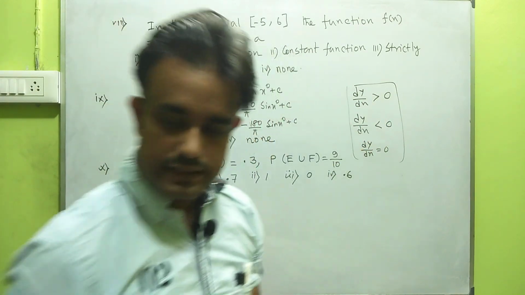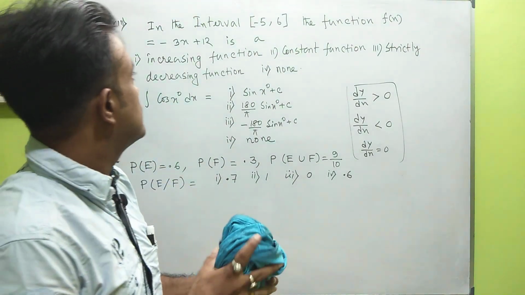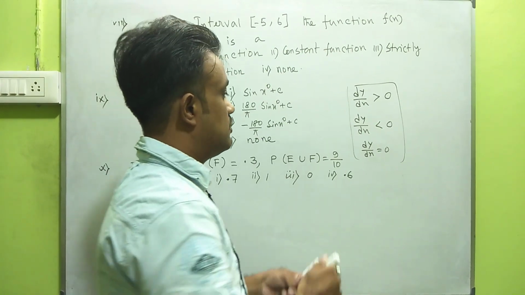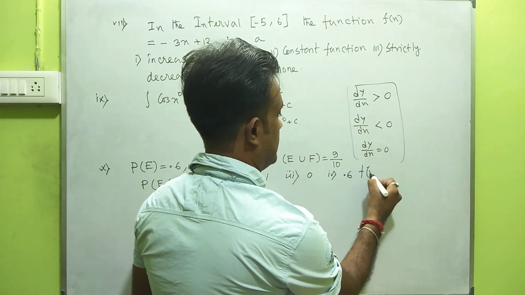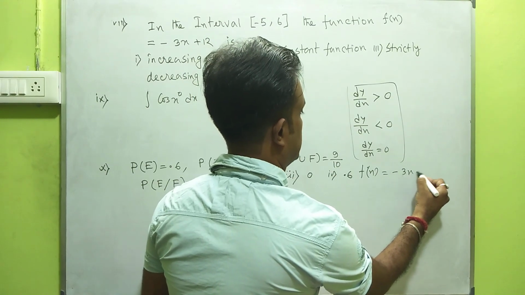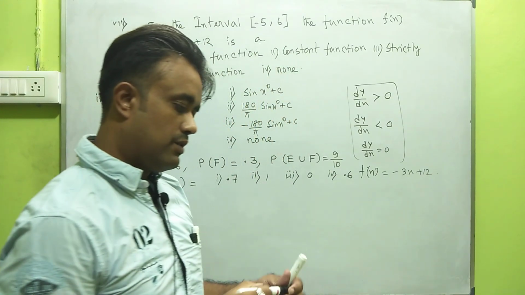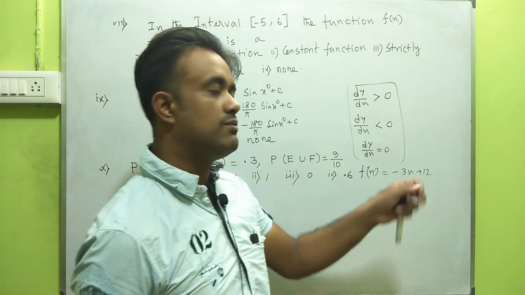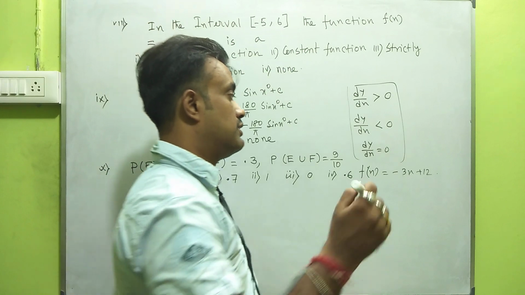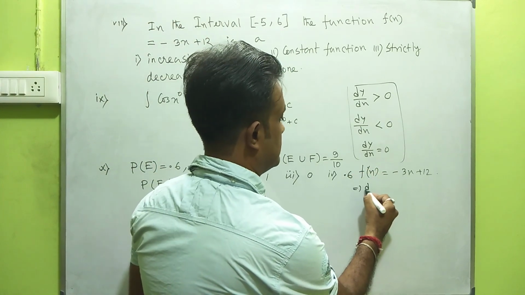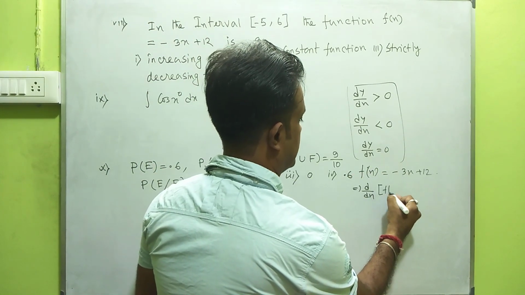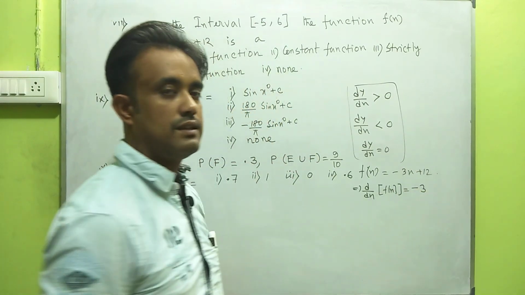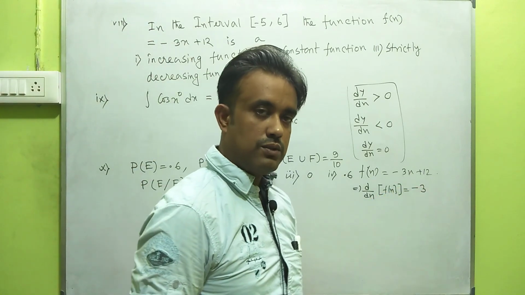Okay. So first it is given that f(x) is equal to minus 3x plus 12. So we must find dy/dx. Here y is equal to minus 3x plus 12. So d/dx of f(x) is equal to minus 3 plus 0, that is minus 3.